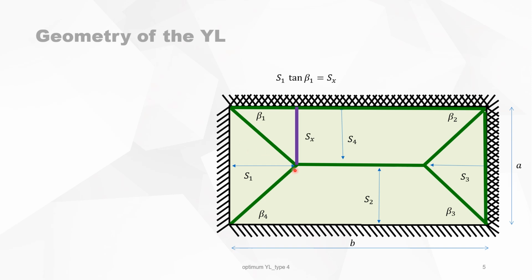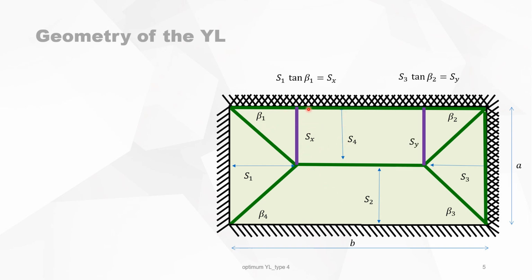Now, to obtain a realistic yield line pattern, there are some conditions, because this point here cannot be situated somewhere there. This yield line here could be horizontal, because it should be somewhere between the rotation axis in the north and the rotation axis in the south. They are parallel to each other.